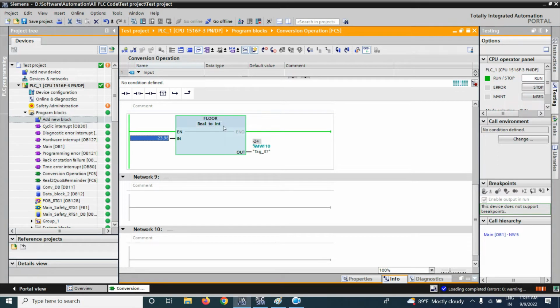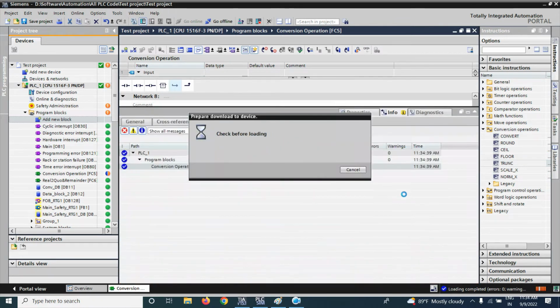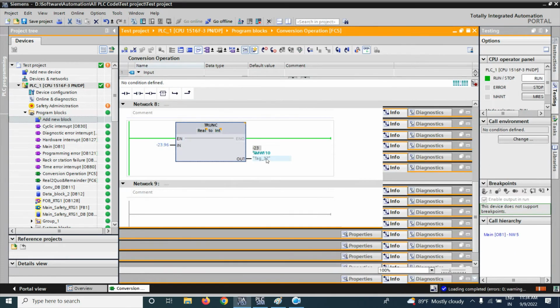So floor will convert a real to the previous integer value, and the previous integer value of minus 23.96 is minus 24. But if you use the truncate function, it will just suppress the decimal point value, so it will give negative 23. So we will use the truncate function to get the real remainder.